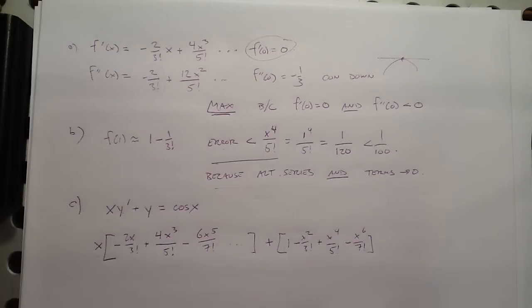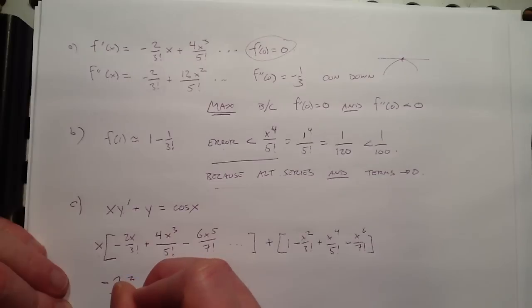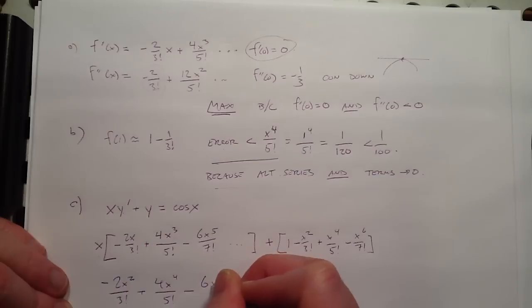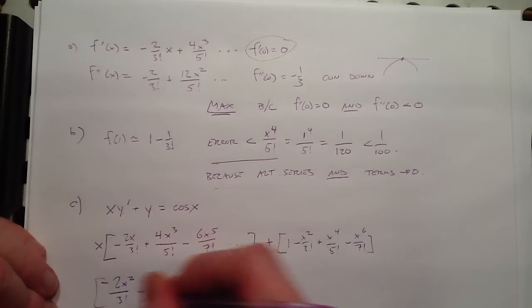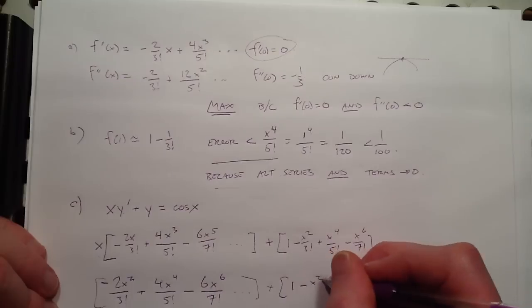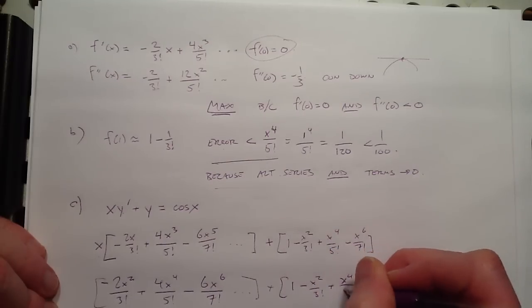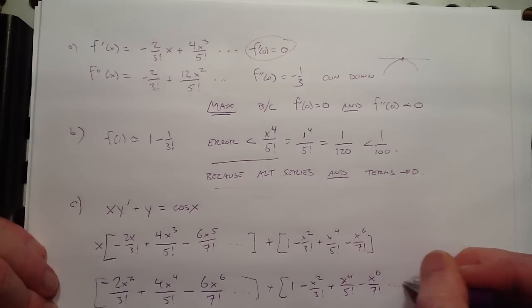Let's just manipulate this side of the equation. If I multiply in here by x, I get minus 2x cubed over 3 factorial plus 4x to the 4th over 5 factorial minus 6x to the 6th over 7 factorial, plus 1 minus x squared over 3 factorial plus x to the 4th over 5 factorial minus x to the 6th over 7 factorial.